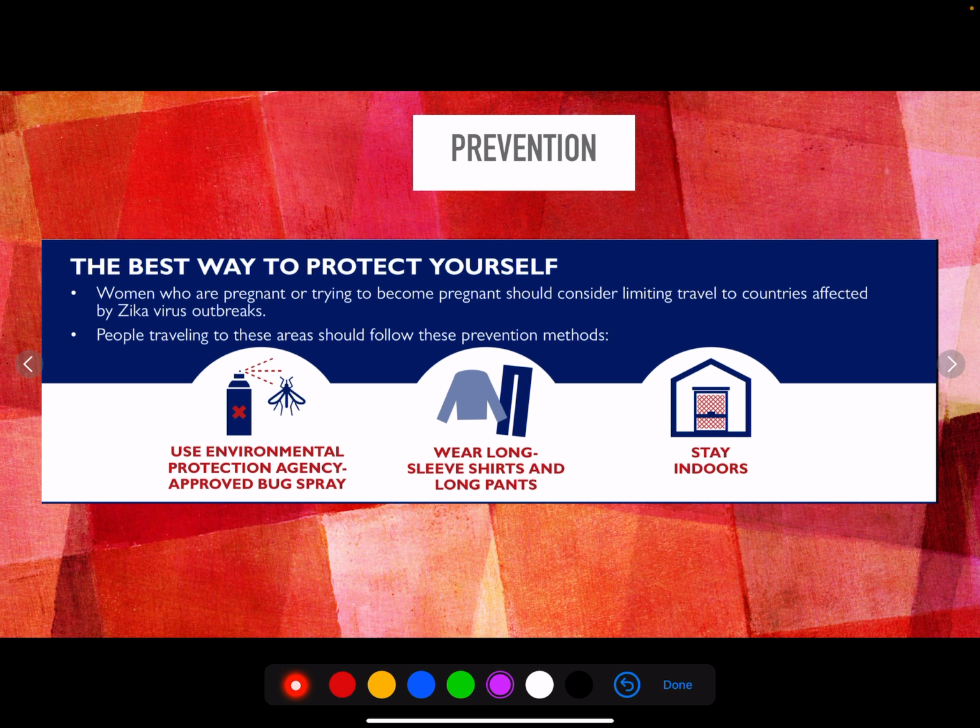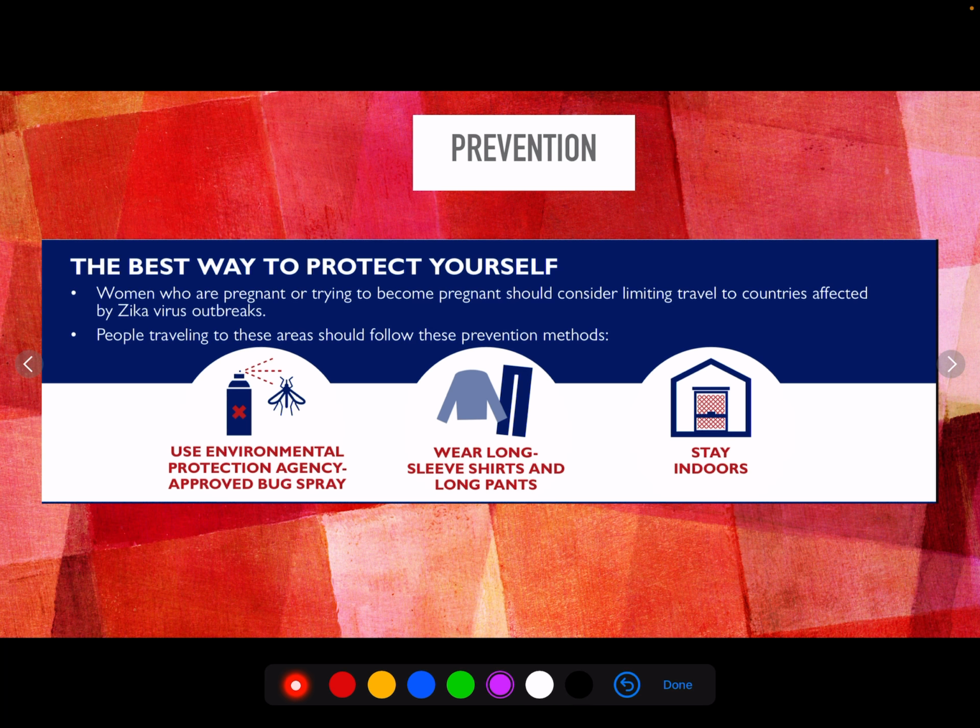So prevention would be to use certain insect repellents. Also have screen doors and air conditioning, which helps keep the mosquitoes away. So anything you do to prevent being bitten by these mosquitoes that carry the Zika virus, they recommend you wear long sleeve shirts and long pants.